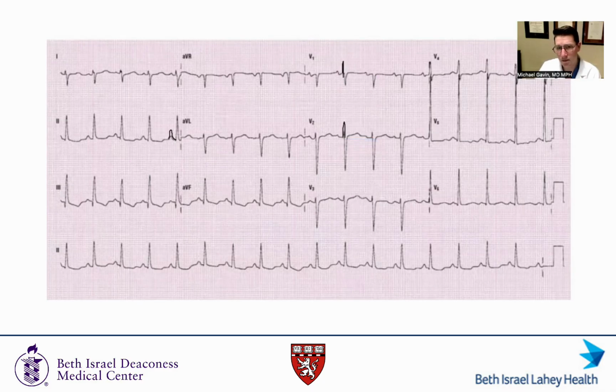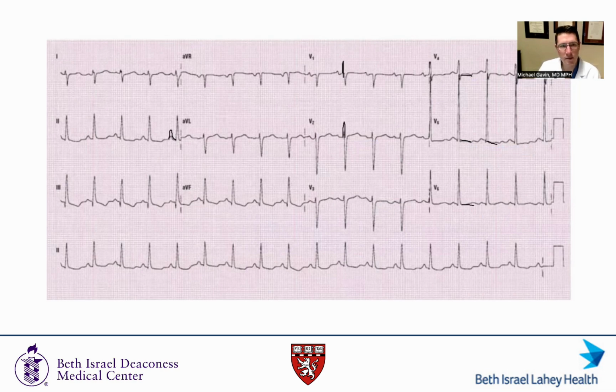You are seeing LVH though here, right? So there is an argument to be made now. LVH shouldn't be shifted to the right. So you then generally would conclude that, okay, it doesn't look like biventricular hypertrophy. It probably is LVH with a left posterior fascicular block.